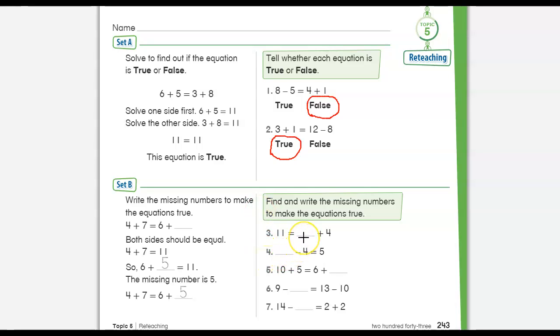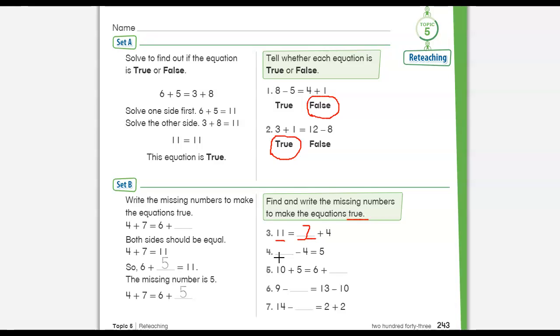The number we would have put in the blank, we would have said, drum roll, 7. 11 is equal to 7 plus 4. Now again, we wanted to make these true equations. This side equaled 11, so did this side too. We had the 4, and 4 plus 7 gave us 11.